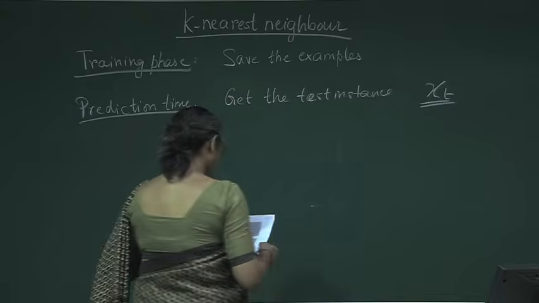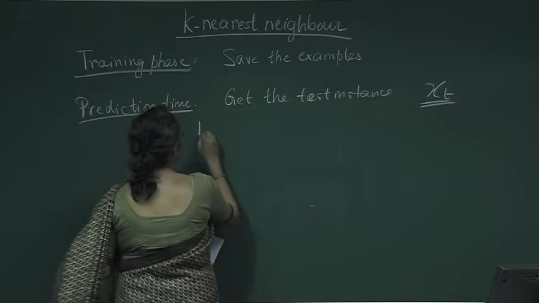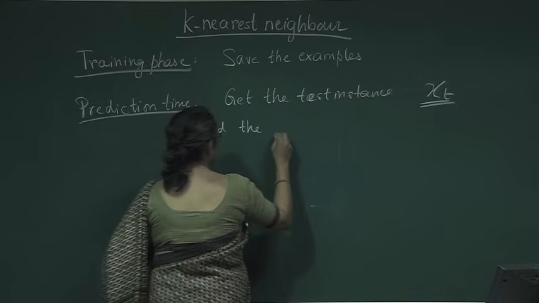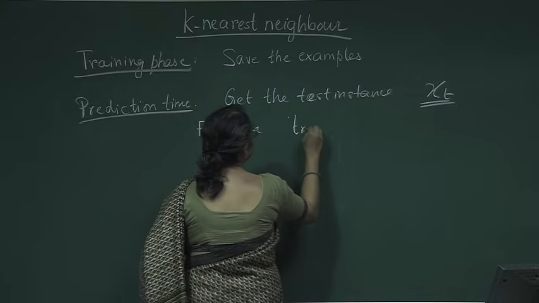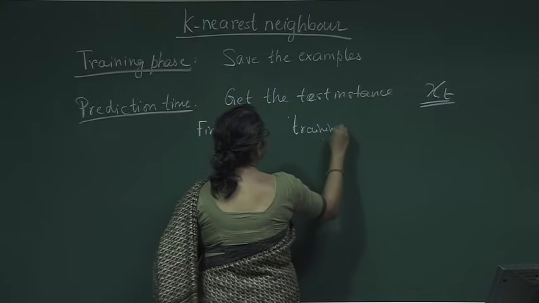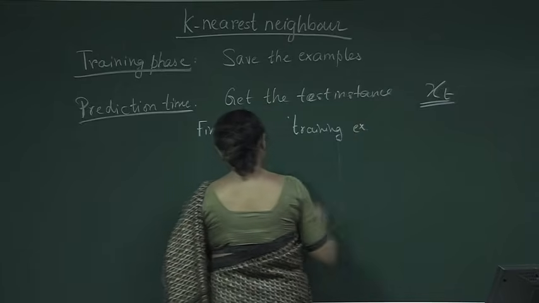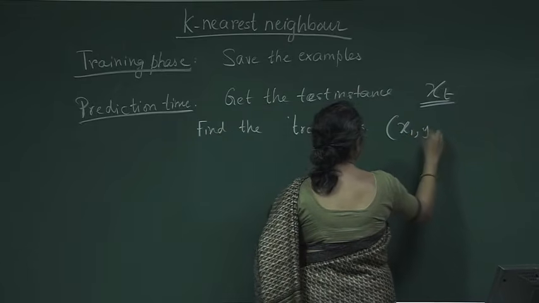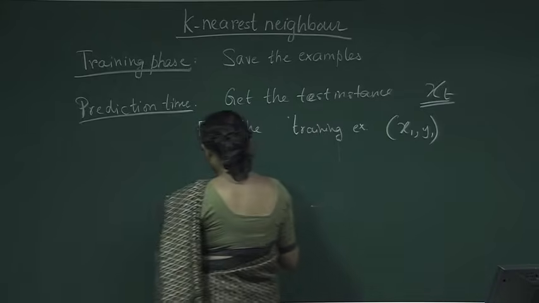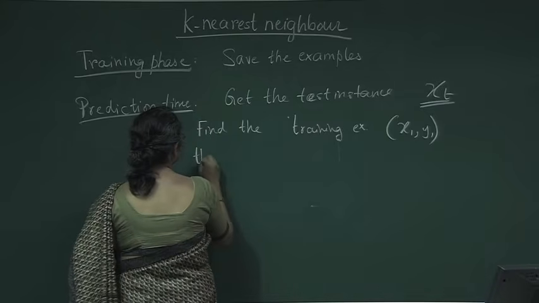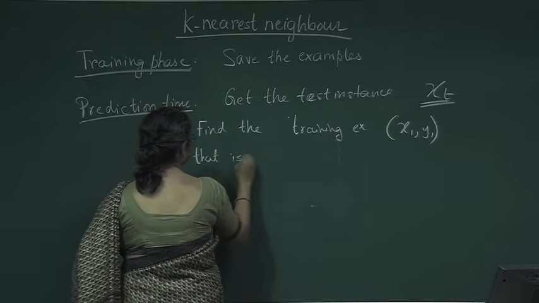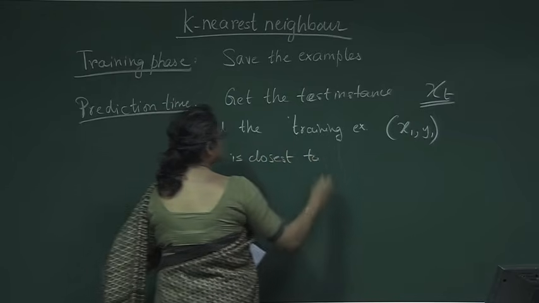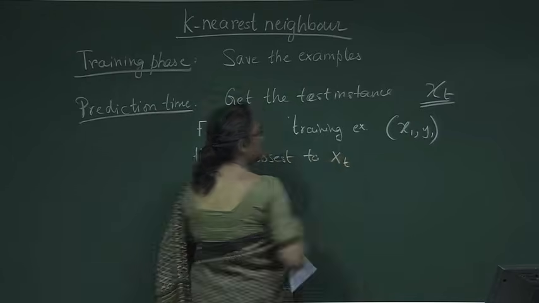So, what we do is that we find the training example x1, y1 that is closest to x_t.